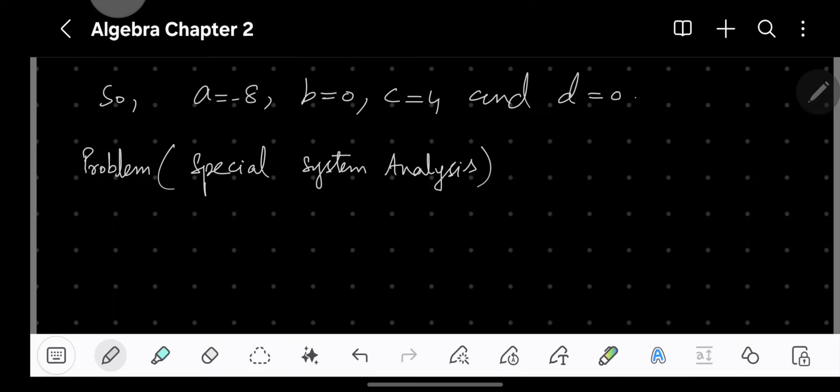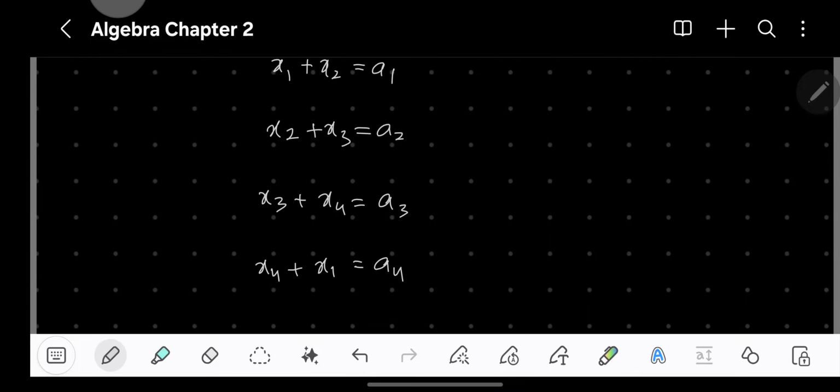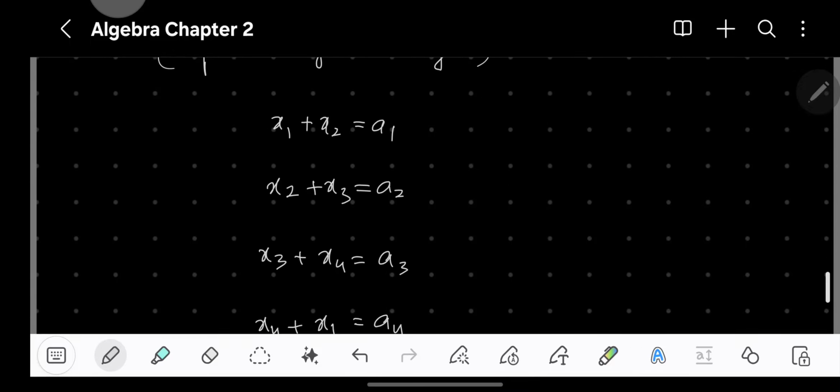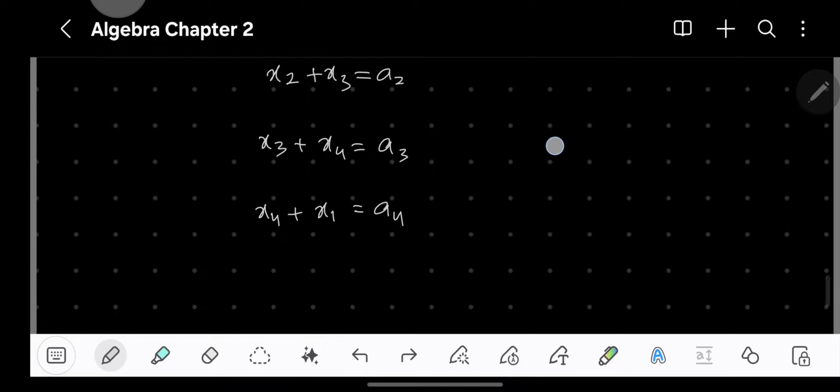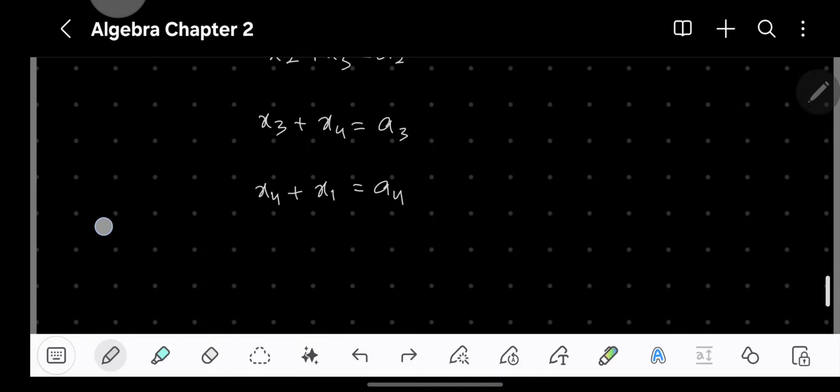So now in the next problem we have a special system, and we are given x1 plus x2 is a1, x2 plus x3 is a2, x3 plus x4 is a3, and x4 plus x1 is a4. We have to solve it.